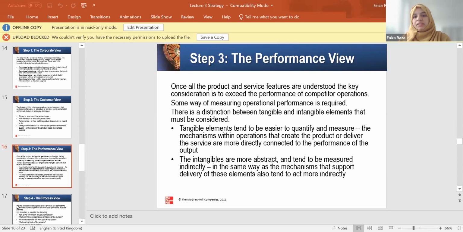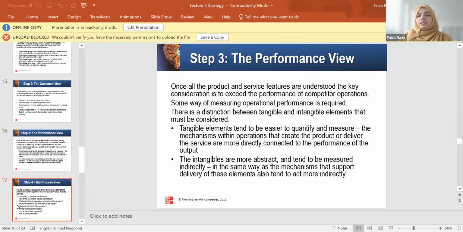For tangible elements, the mechanisms within the operations that create the product or deliver the service are more directly connected to the performance of the output. Intangible products are more abstract and tend to be measured indirectly, as the mechanisms that support delivery of these elements also tend to act more indirectly.